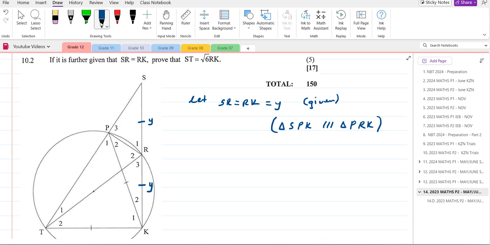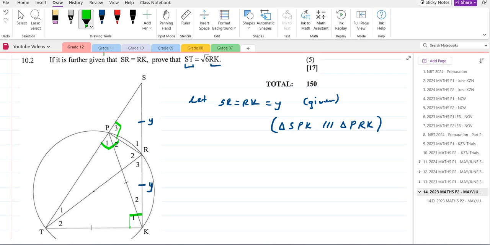If I choose RK, I do need RK and I need ST. ST is this big one here. Let's put all our 90 degrees as well. There was a 90 there. So we have 3 right angle triangles.